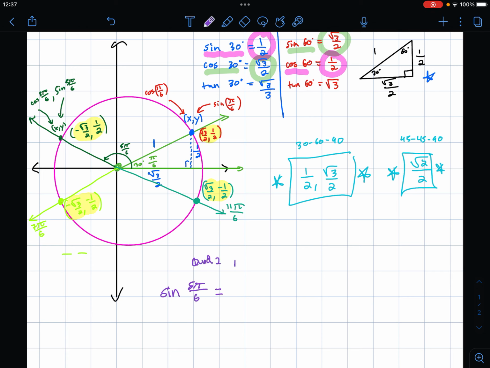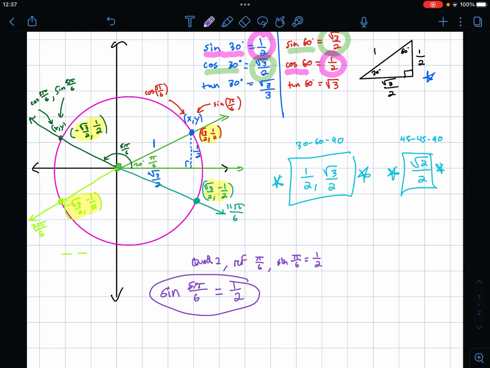And then I know that it has a reference angle of pi over 6. And I know that the sine of pi over 6, or sine of 30 degrees, is 1/2. And in quadrant 2, sine is still positive, the y's are still positive, so my answer is just 1/2. So I'm able to reach this conclusion thinking about the unit circle, the reference angle, and the ratio.